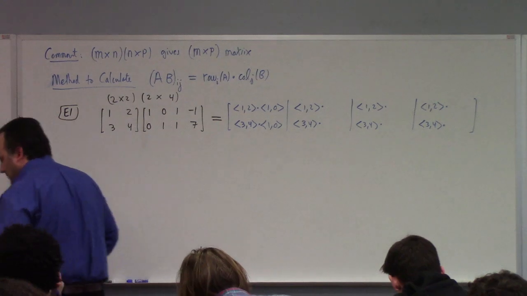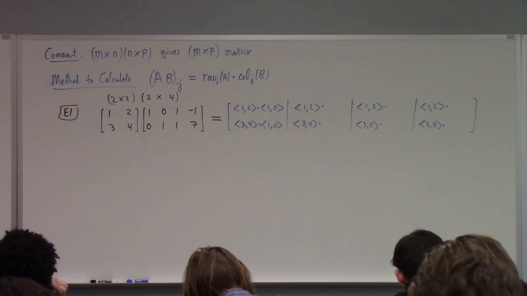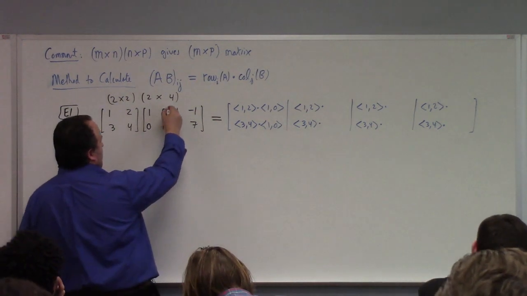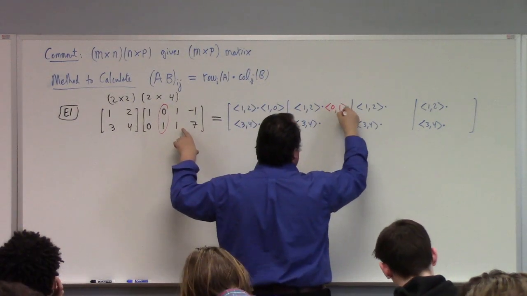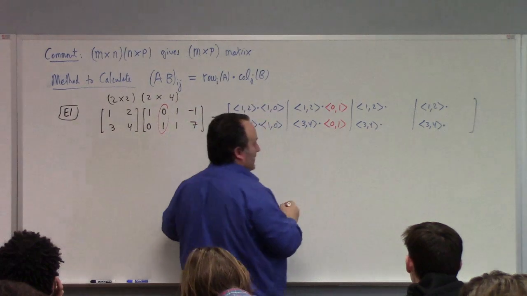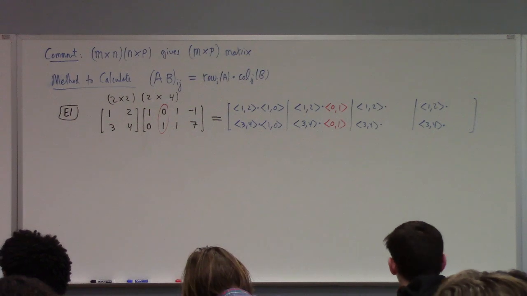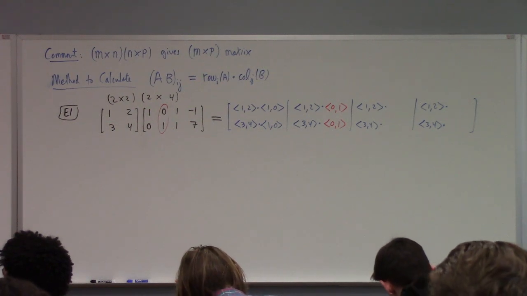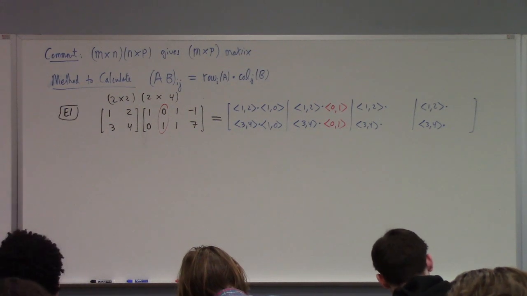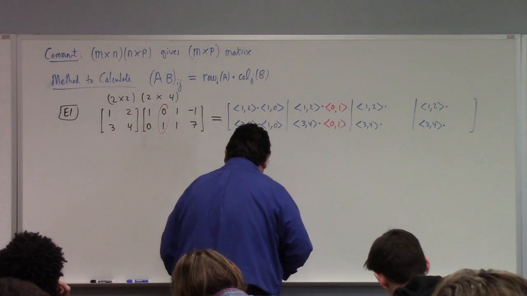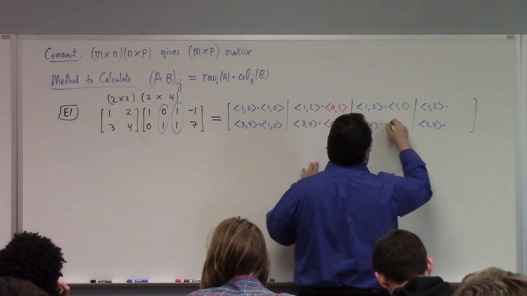Just to emphasize some color coding here: I put a 0, 1 here, 0, 1. Then this next one gives me 1, 1, 1, 1 here.